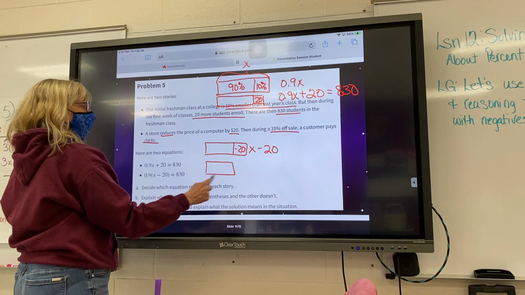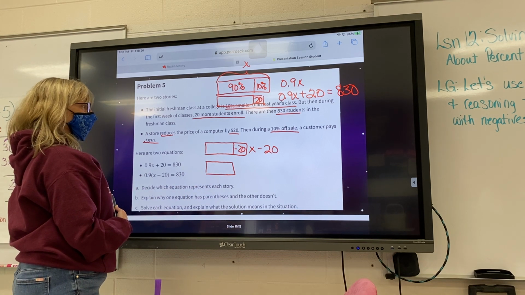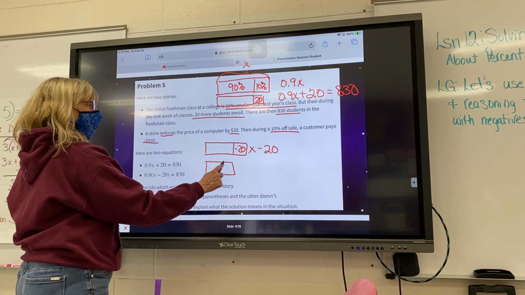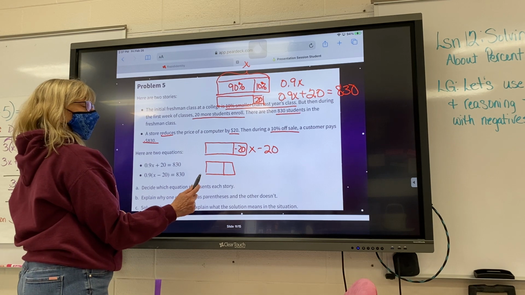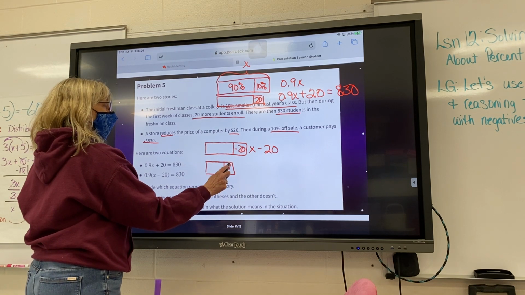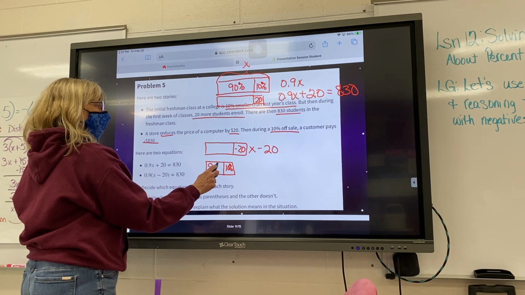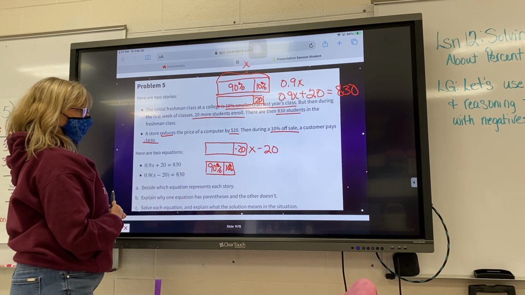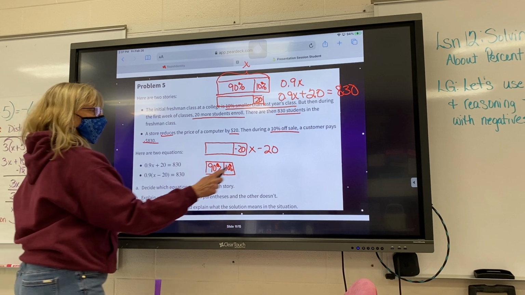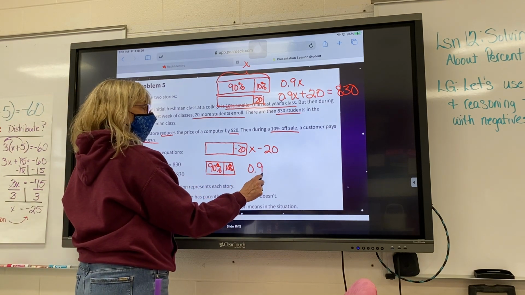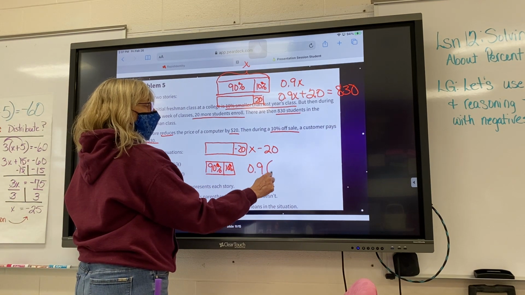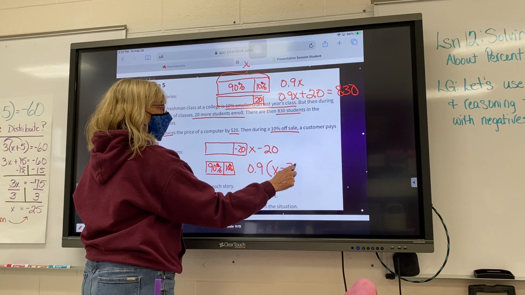Now we're taking this and doing what with it? Subtracting 10%. So that leaves us 90%. So would this be 0.9? Now why do I have the parentheses there?